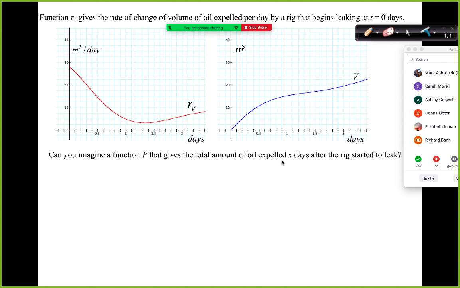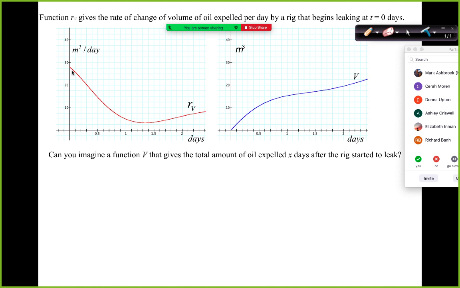Because the graph on the left is showing the graph of the rate of change. So the rate is decreasing, but that doesn't mean that we're losing any amount. So what determines whether we're losing or gaining? If the rate of change graph is below or above the x-axis. And our rate of change is above, which means we're gaining, because the rate of change is positive.